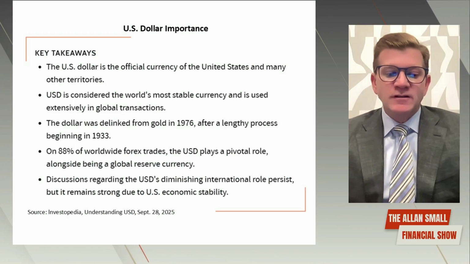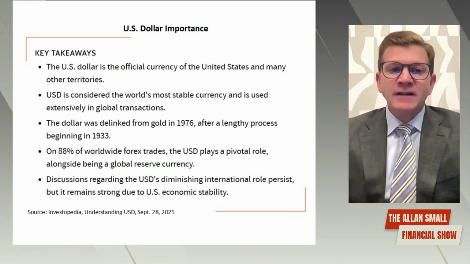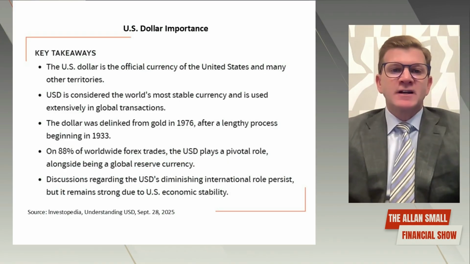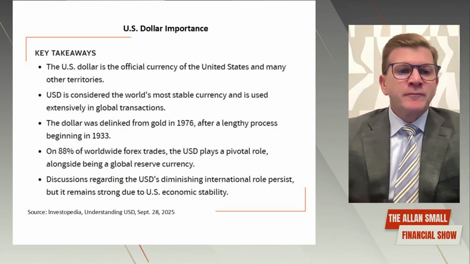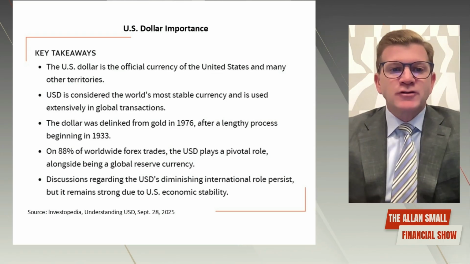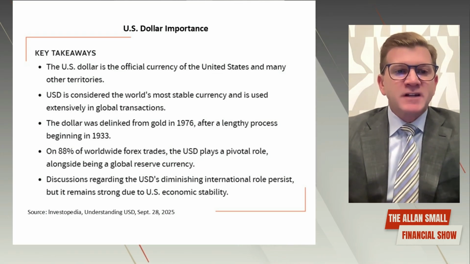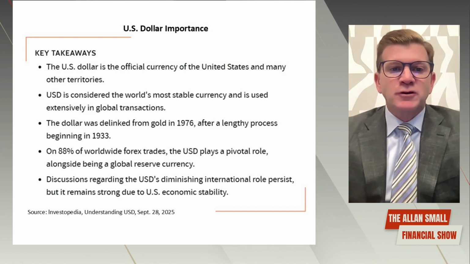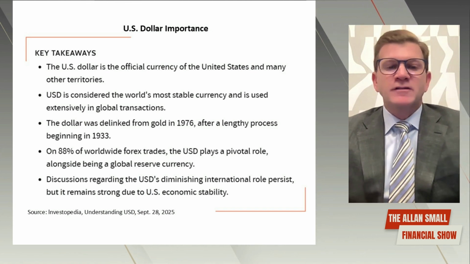US dollar weakness is very important for the emerging markets. The dollar was delinked from gold in 1976 after a lengthy process beginning in 1933. On 88% of the world's forex trades, the US dollar plays a pivotal role alongside being a global reserve currency. Discussions regarding the US dollar's diminishing international role persist, but it remains strong due to the US economic stability.